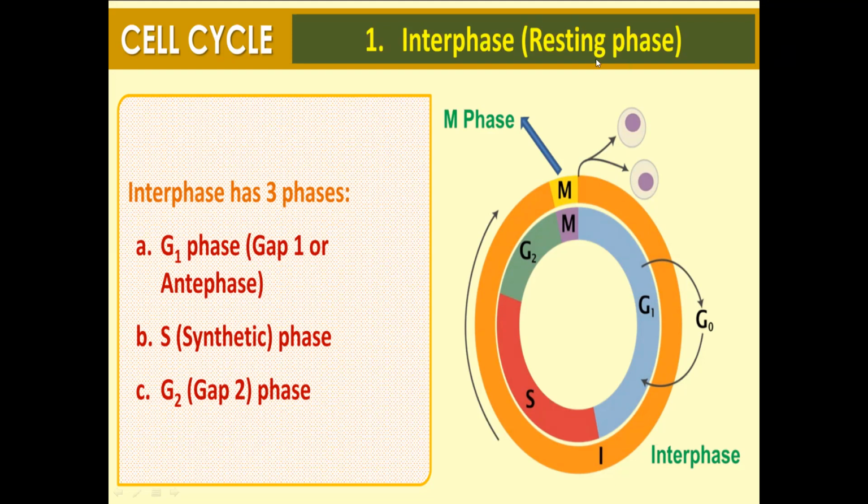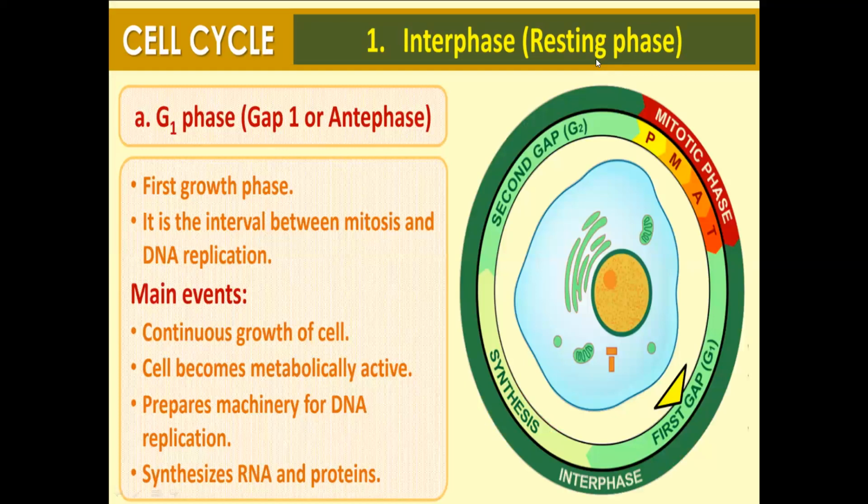Okay. Now let's see what happens during gap 1 phase. During G1 phase, which is the first growth phase, it is the interval between mitosis and DNA replication. So main events are: cell continues to grow, cell becomes metabolically active. All metabolism will start.